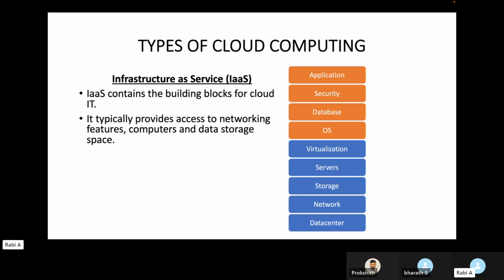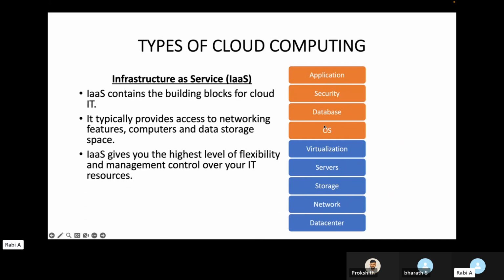All of these will be available, and we will have to set it up depending on our requirement: how many servers we want, what storage we want, or the database. We will be responsible for setting that up.